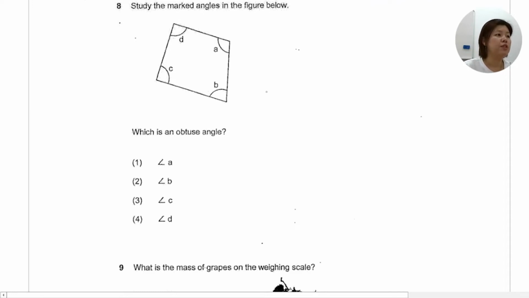Next, study the marked angles. Obtuse angle is more than 90 degrees. So if you can see, this is a 90 degree, and this is an acute angle for my B. So my B is out.